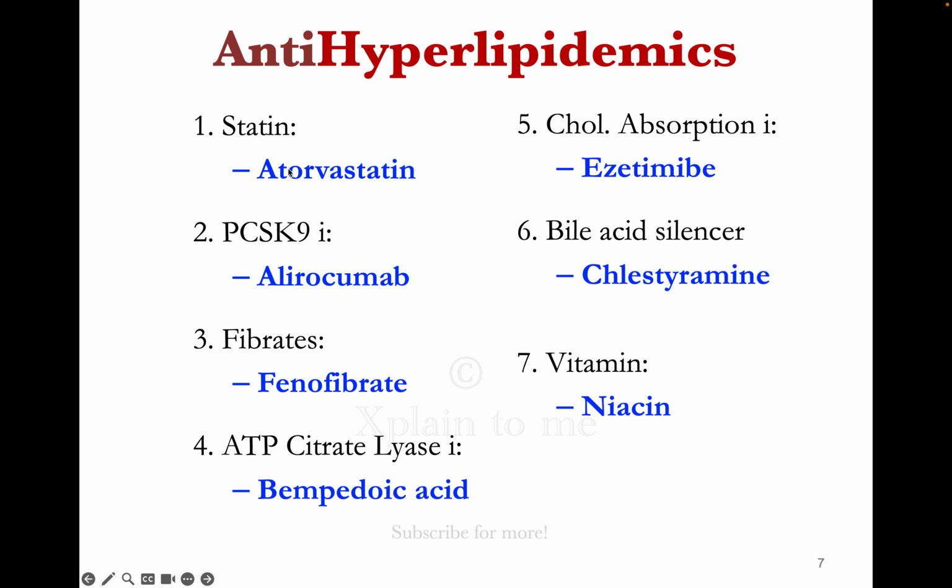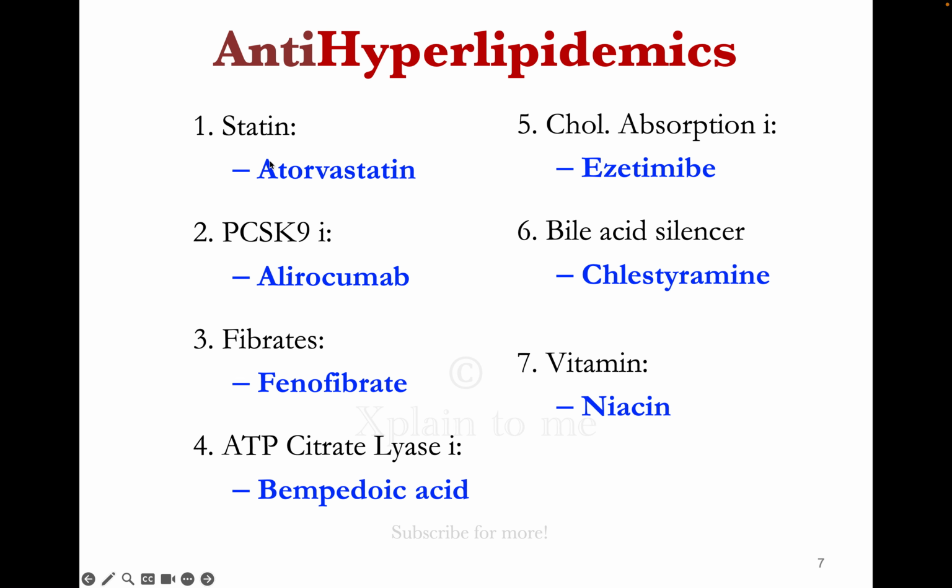Okay, if you want to understand and connect with the indication, always remember that because HMG-CoA inhibition completely stops cholesterol synthesis in the liver or hepatocytes, the cells actively recruit LDL receptors to pick up all the floating LDL from the blood, because they run out of cholesterol.